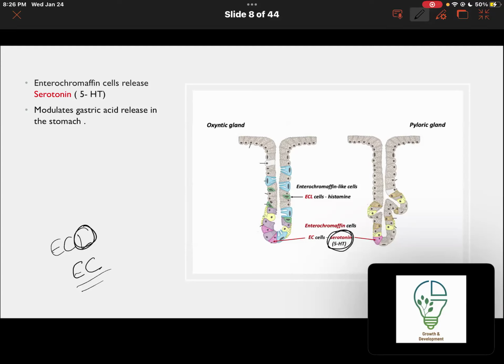Enterochromaffin-like cells, ECL, produce histamine. Somatostatin is an inhibitor for, in general, everything. It inhibits anything that you can think of. Enterochromaffin cells, not like just enterochromaffin cells, produce serotonin, which is also called 5-hydroxytryptamine, and that's why you see the 5-HT in brackets.